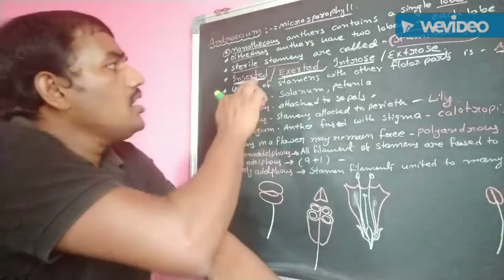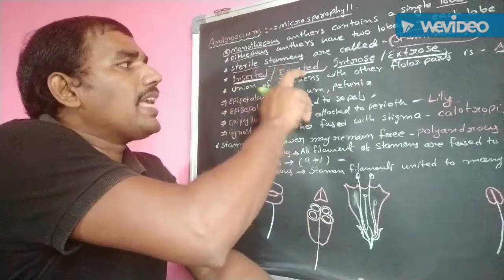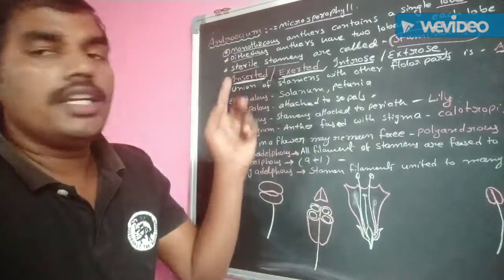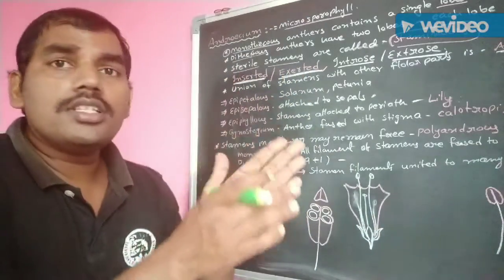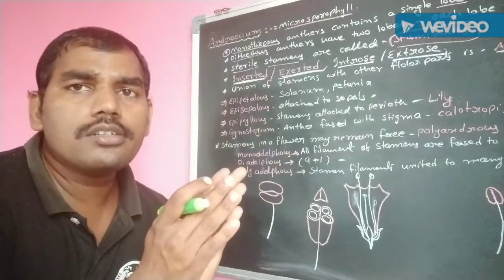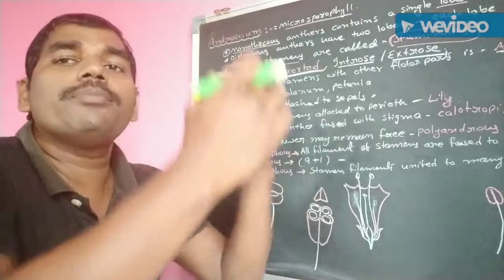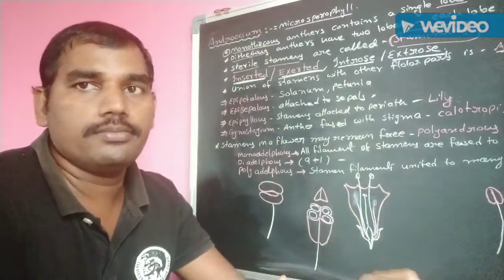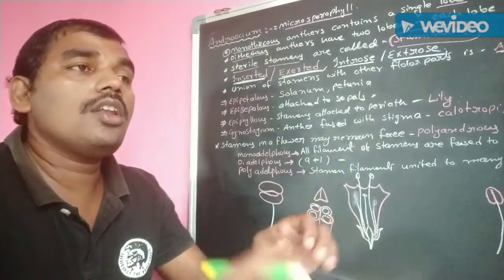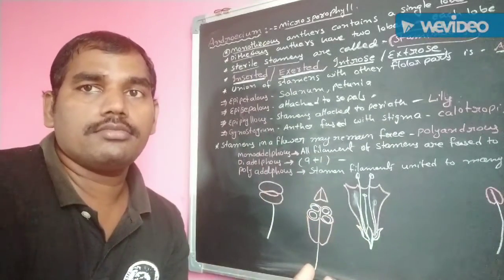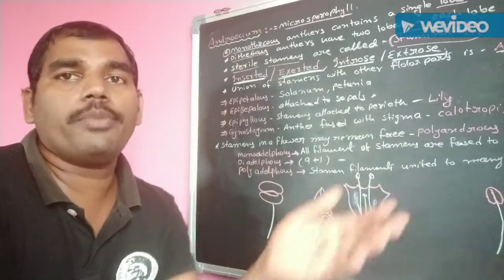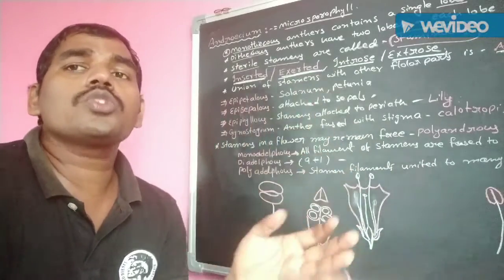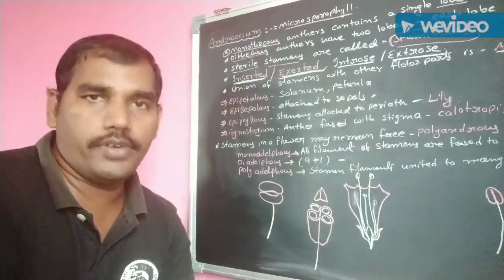Stamens are either included or exserted. Included means the stamens are very short in their structure. They do not overlap the corolla of the flower, they are not beyond the corolla, not exposed to the outer side of the flower.